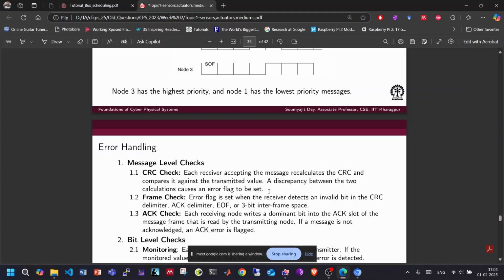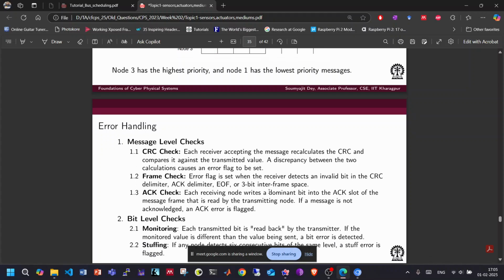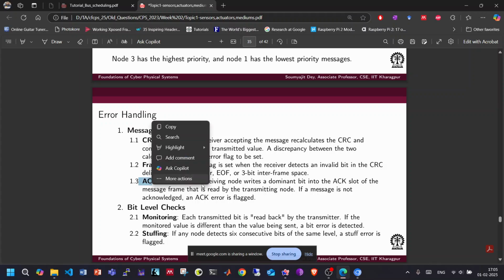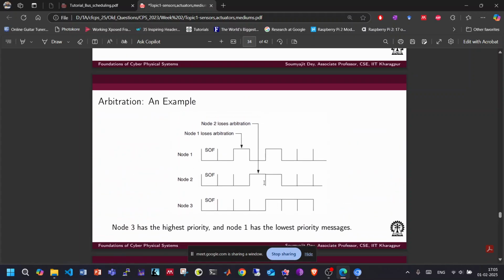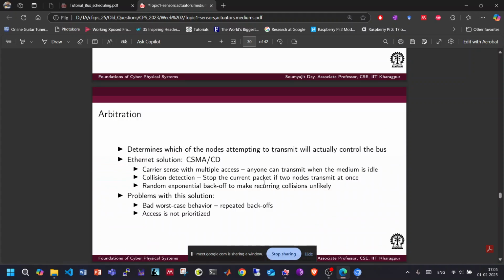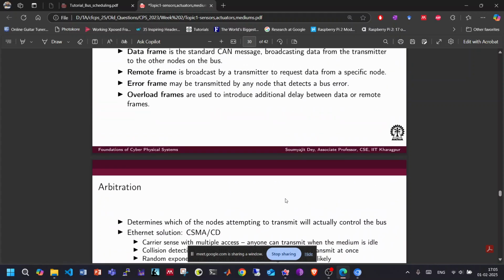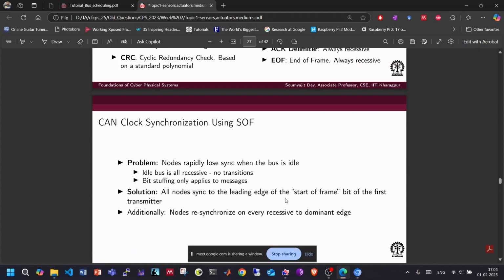Basically, in reception, the acknowledgement bit is more dominant. While you are receiving a signal, you have to acknowledge by placing a dominant bit in that acknowledge slot. Once you receive the whole data, you will get an acknowledge slot, right? If reception is okay, then only it will acknowledge.